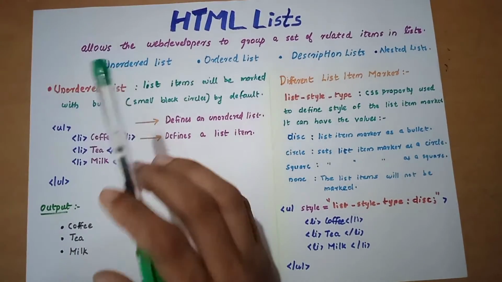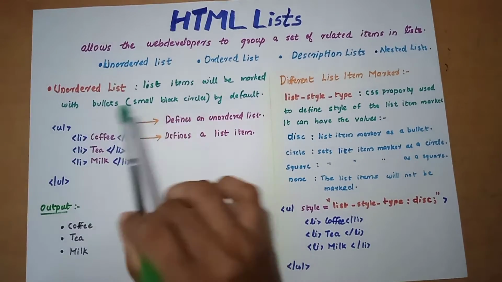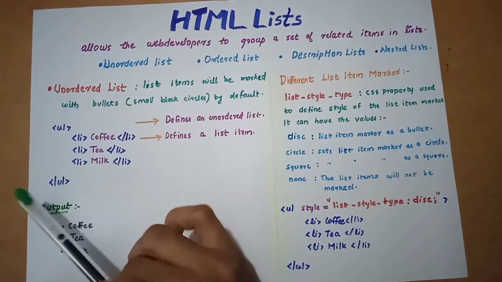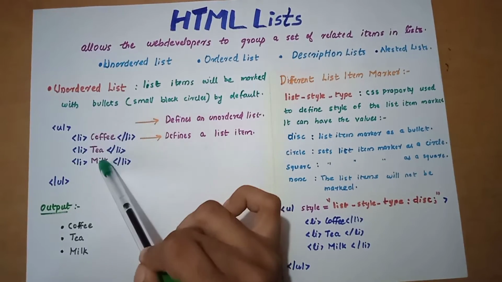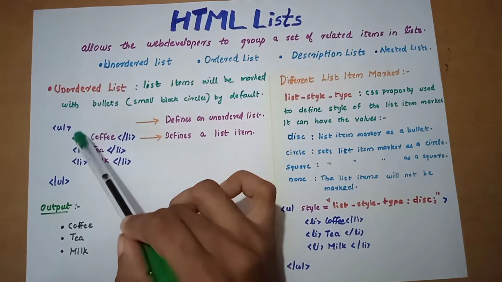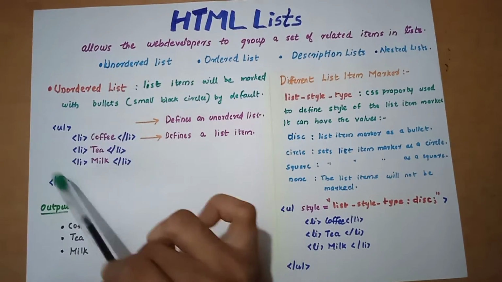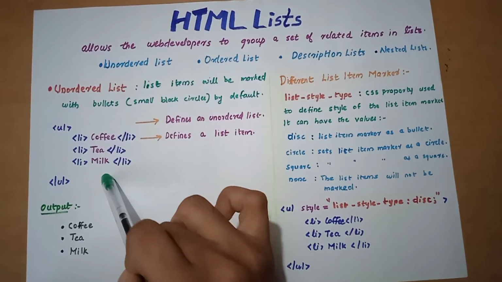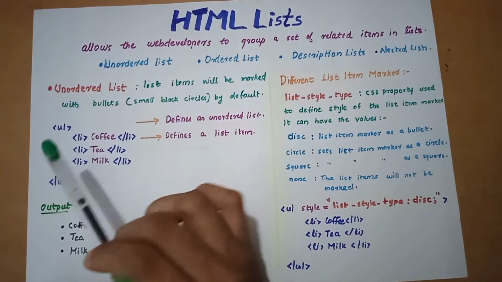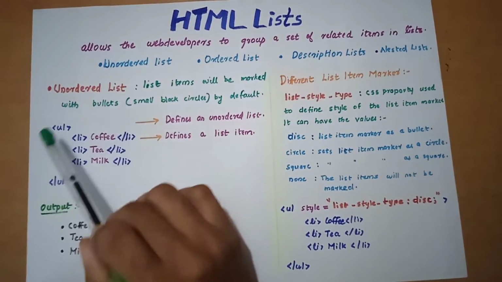An unordered list simply lists the items in bullets. That's it. So here is the code for that. Wherever we need to add this kind of list, we just need to add this particular set of code into that HTML code. That's only. So here is the code for that.